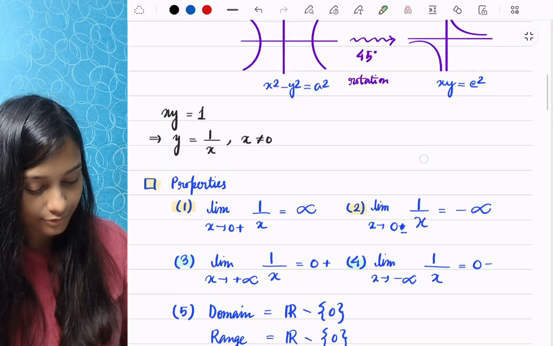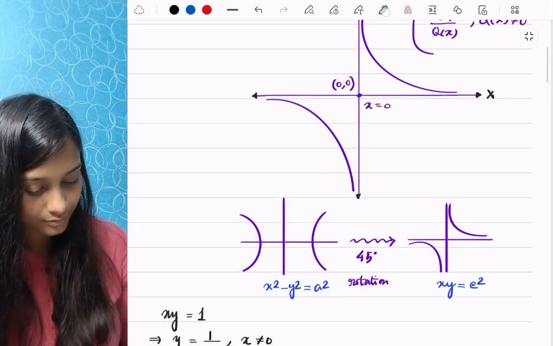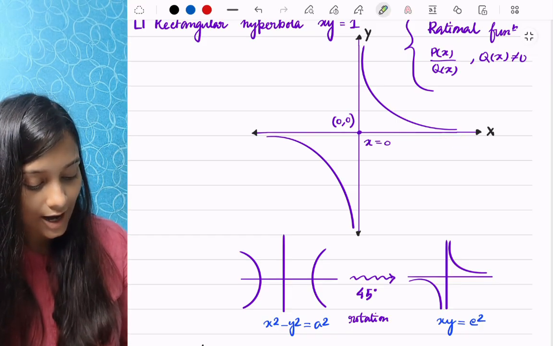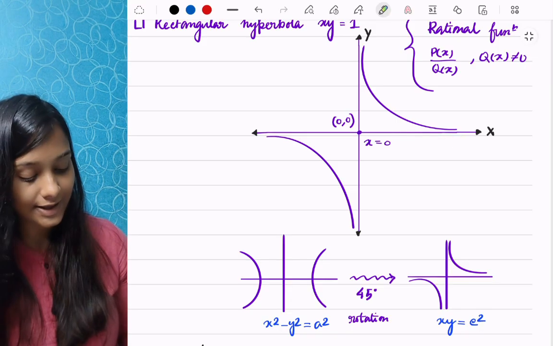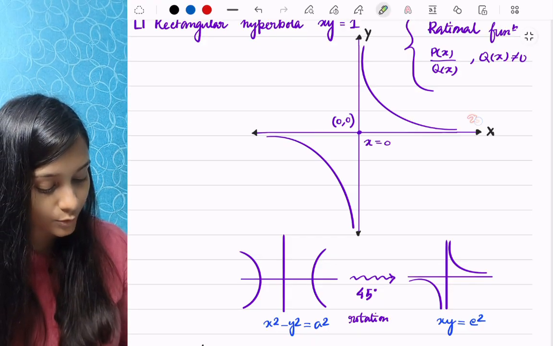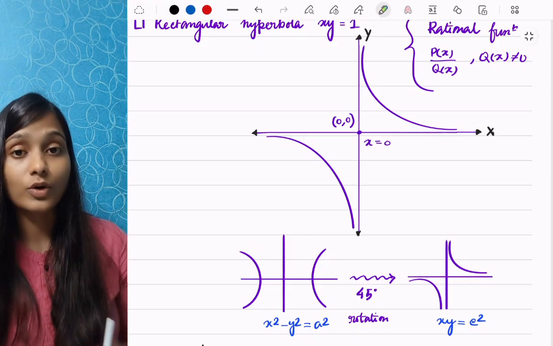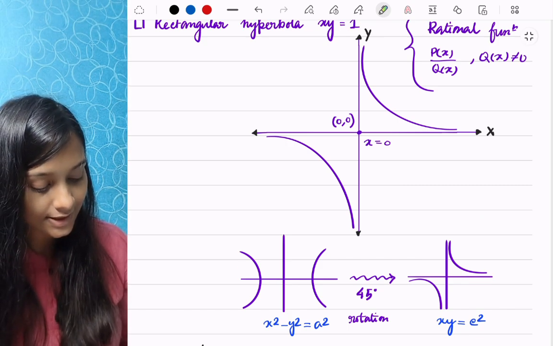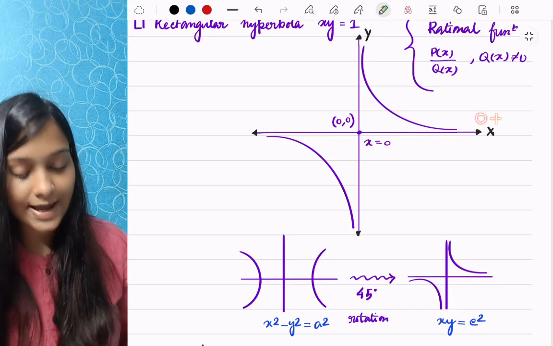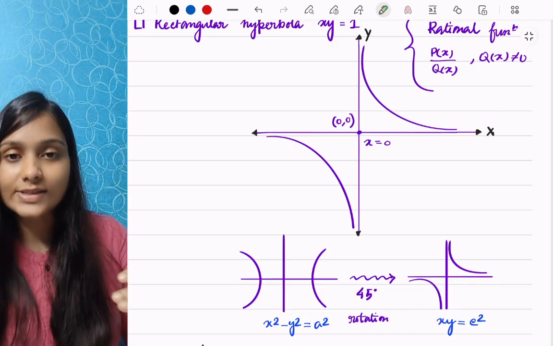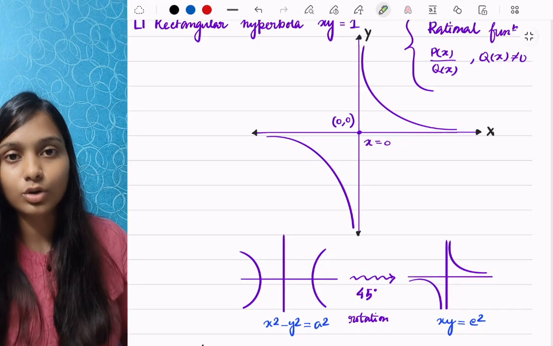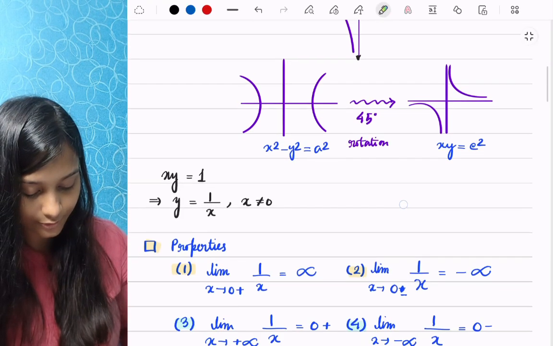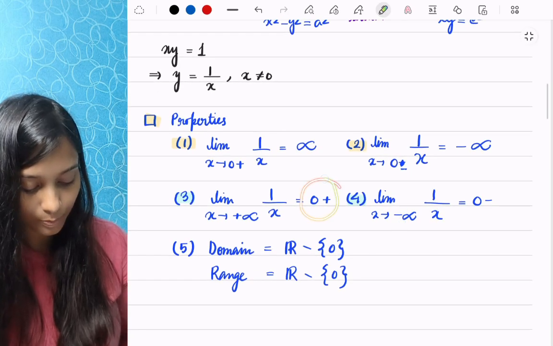For x tends to plus infinity, we can see that the graph of the function 1 by x goes towards 0 but from the positive side, not from the negative side. So we can write it as 0 plus, as it goes towards the value 0 through the positive side. So it is 0 plus.